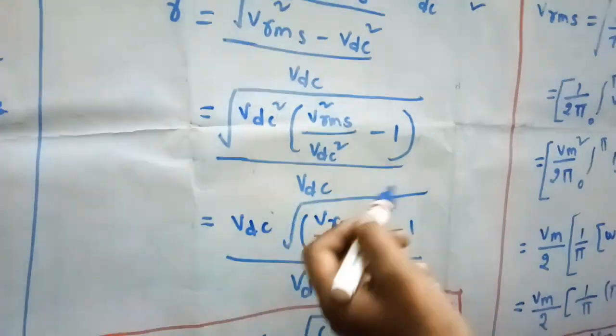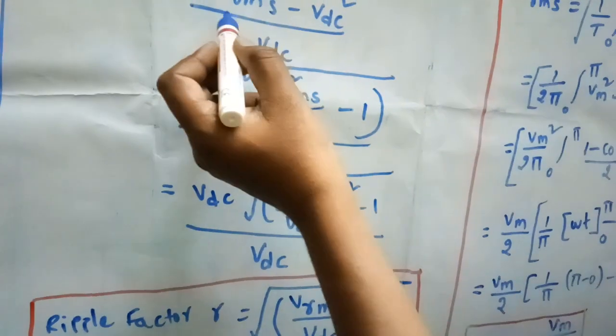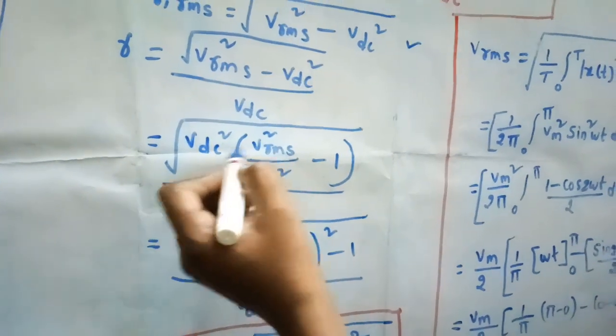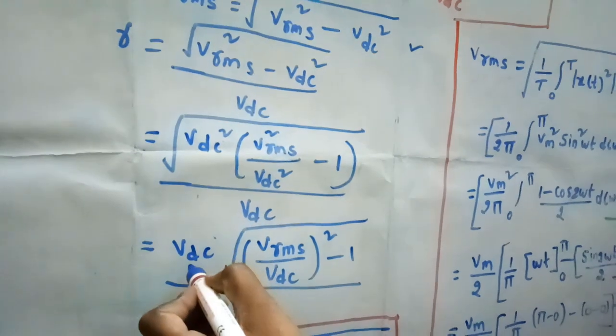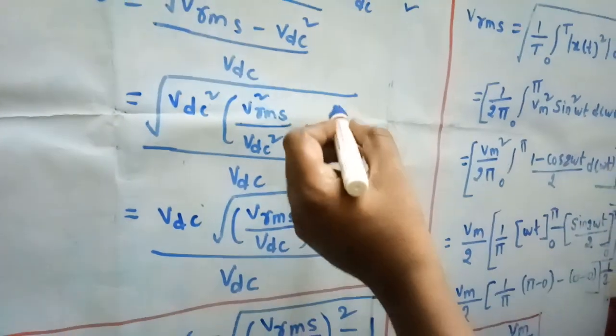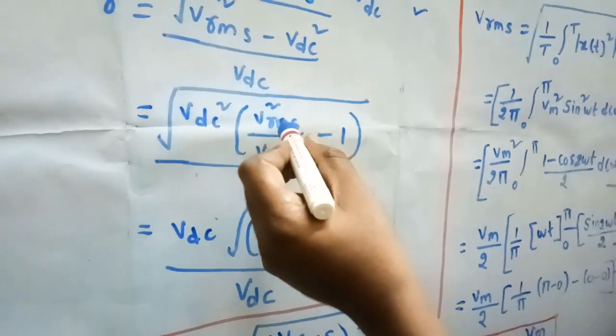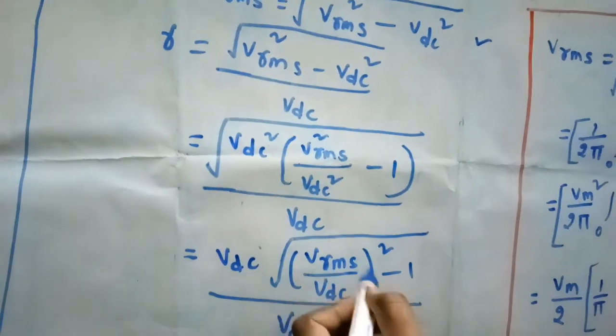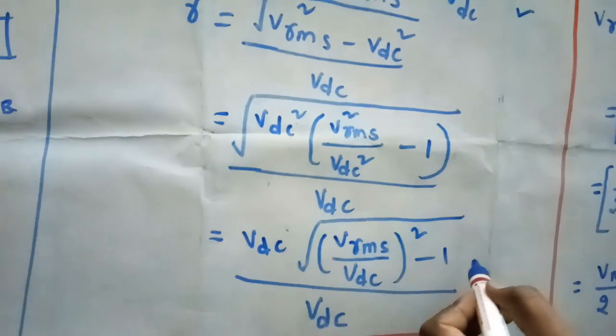Again I am repeating, listen carefully. In the denominator we have VDC. The square root of VDC square is nothing but VDC. And again the square root of VRMS by VDC whole square minus 1.